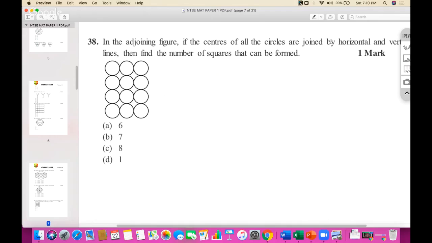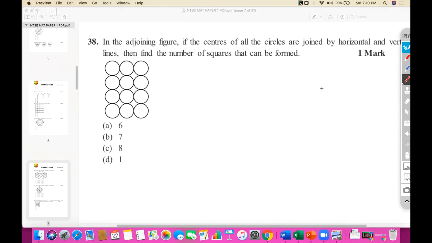Okay, most of you are saying question number 38 is C. So question number 38. For this question I'll have to draw a few things.